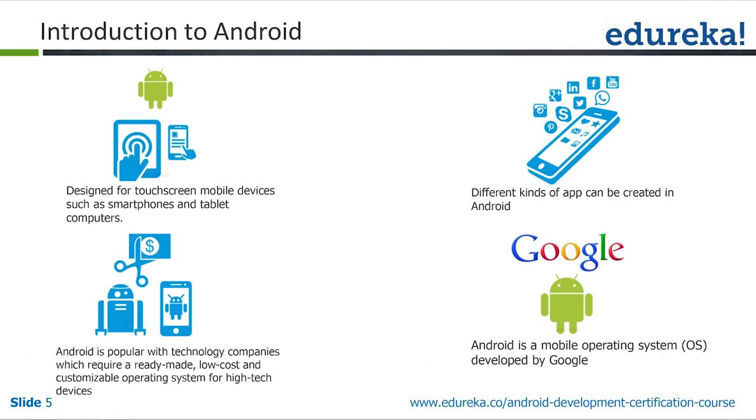If you are a hardware company, let's say like Samsung or Sony, you can create your own branded mobiles and put Android on those mobiles. Certainly you will have to take approval from Google for that, but that is pretty much possible. So you can come up with your own organization and put Android on your own devices.